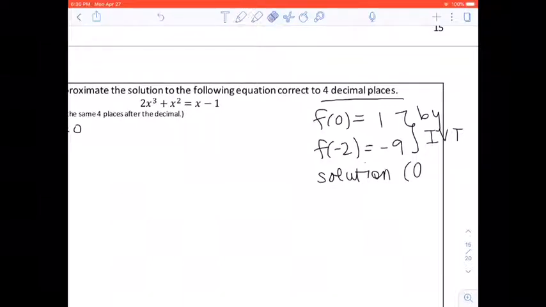Let me write that the other way, negative 2 and 0. So I'm going to just pick anything that's in there and let x sub 0 equal -1.